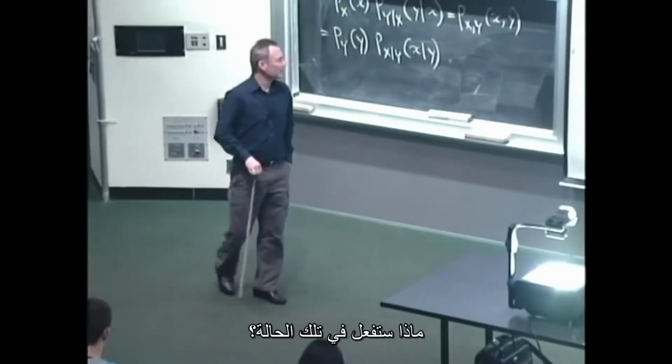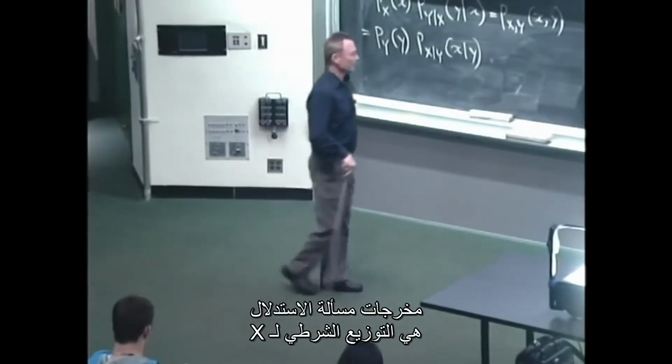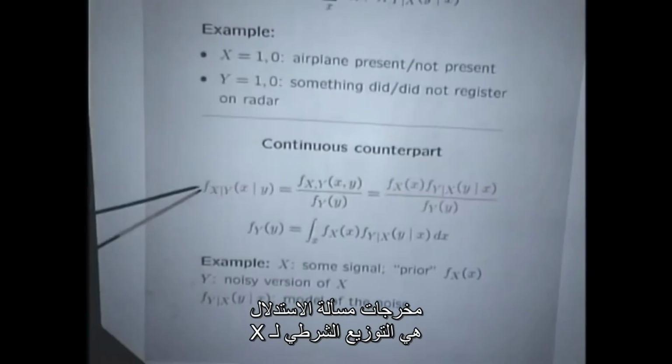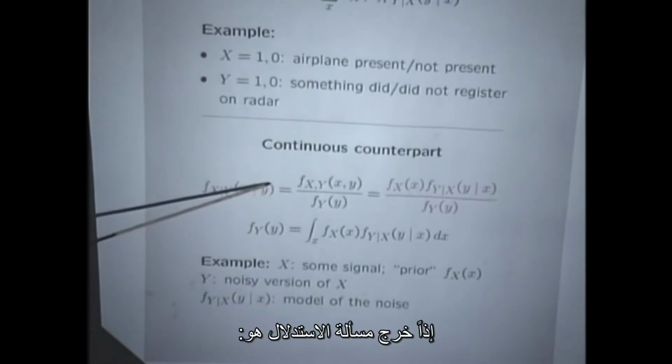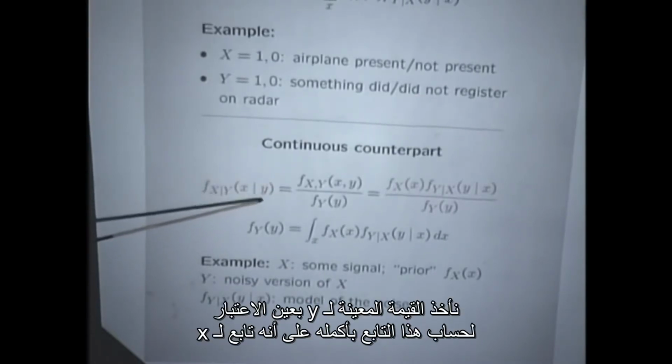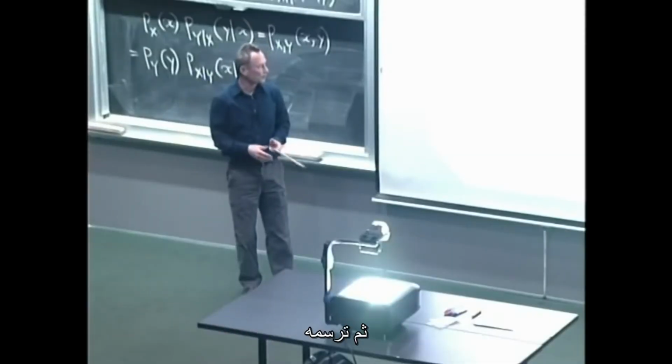What are you going to do in that case? Well, the output of the inference problem is going to be the conditional distribution of x. What do you think your current is, based on a particular value of y that you have observed? So the output of our inference problem is, given the specific value of y, to calculate this entire function as a function of x, and then go and plot it.